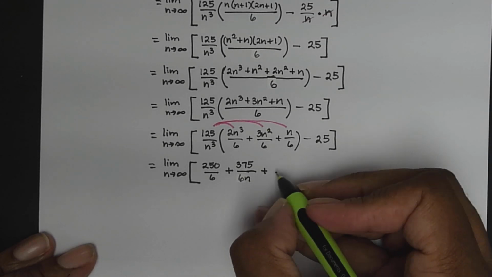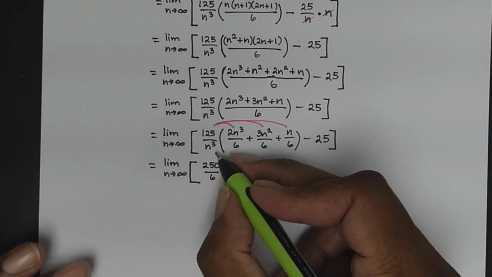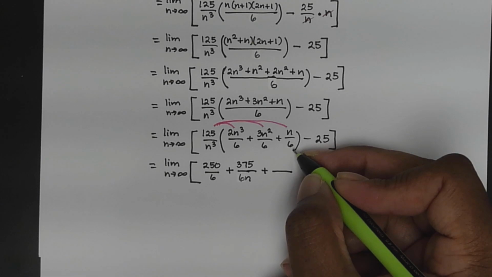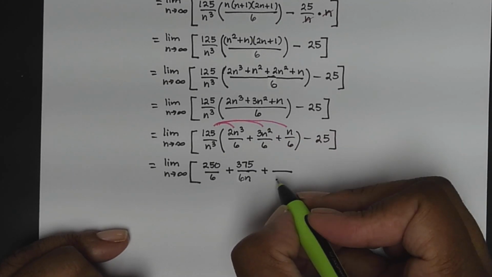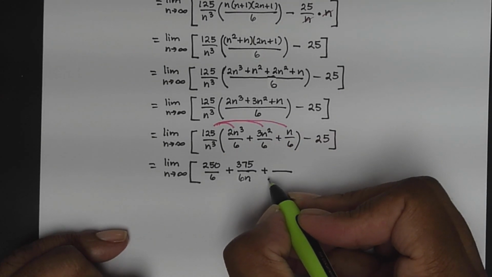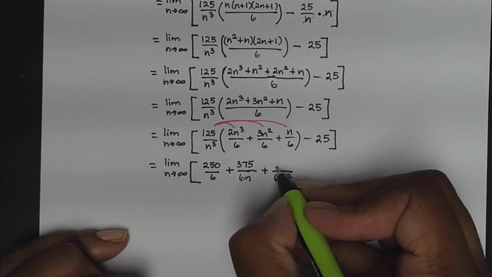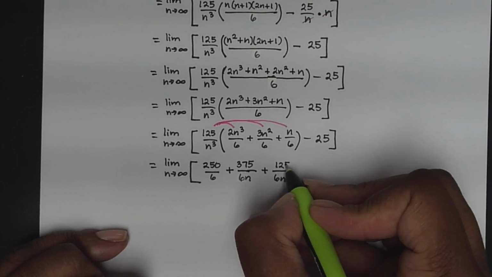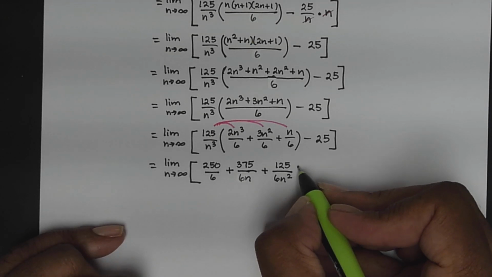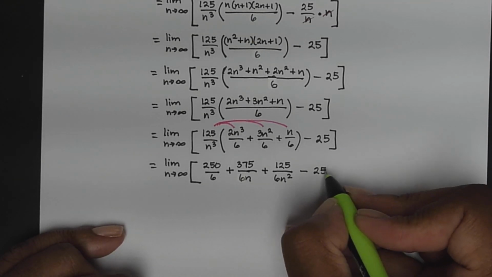And then plus 125 over n cubed times n over 6. An n will divide out with the n cubed, leaving me with n squared in the denominator, so I have 125 over 6n squared. And then minus 25.